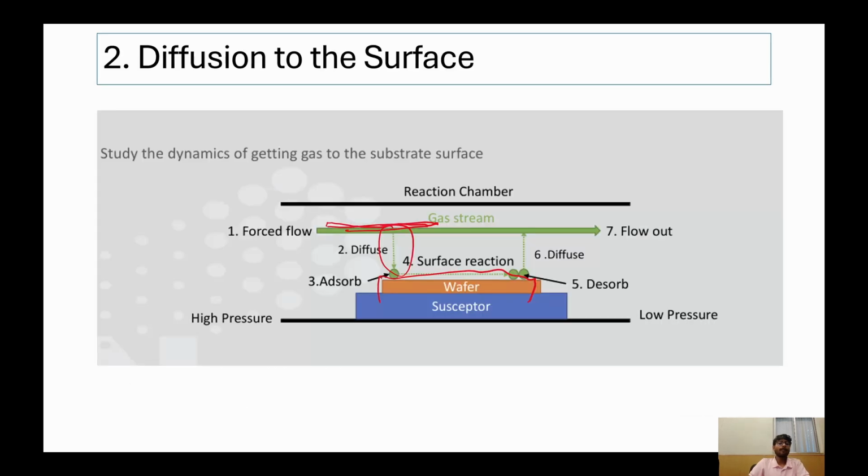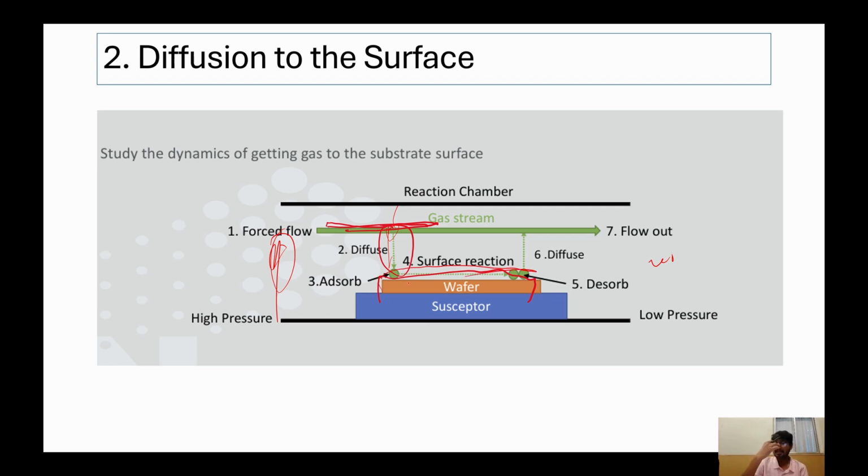So, diffusion to the surface. How can you get a diffusion to the surface? First, there is a forced flow. At this point there is high pressure of that gas, and at this point there is low pressure. First it will diffuse this gas, because there is a stagnant layer near the wafer.